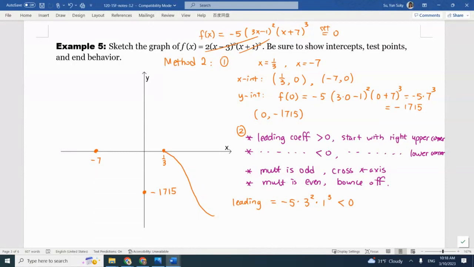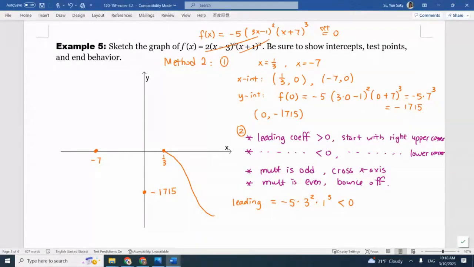Which one? Leading coefficient. Oh, the leading coefficient of the highest power in that factor. Yes. That's why sometimes students get confused about the y-intercept and the leading coefficient. For the y-intercept, you're looking at the constants, because you plug in x is 0. But for the leading coefficient, you are looking at the leading coefficient of each factor.